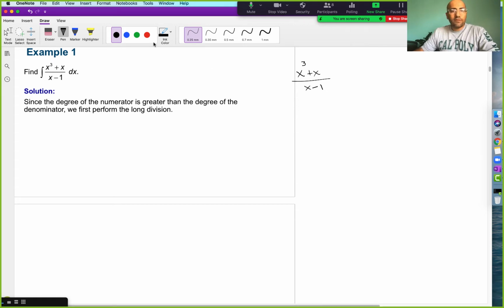The degree of the polynomial in the numerator is 3, and the degree of the polynomial in the denominator is 1, sort of this invisible 1 there. Good. So this is an improper fraction, so we're going to have to do division.